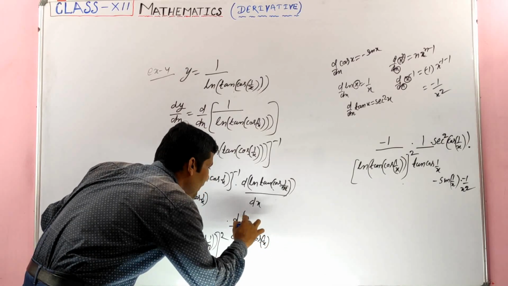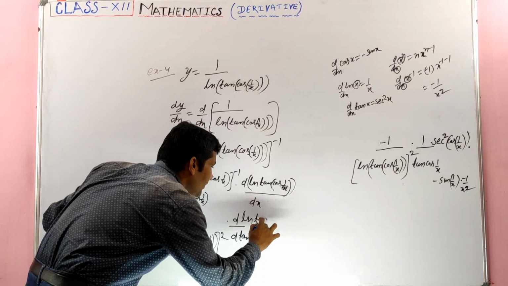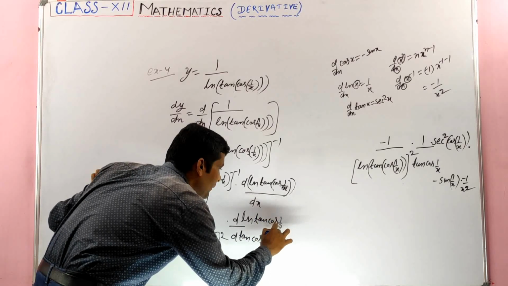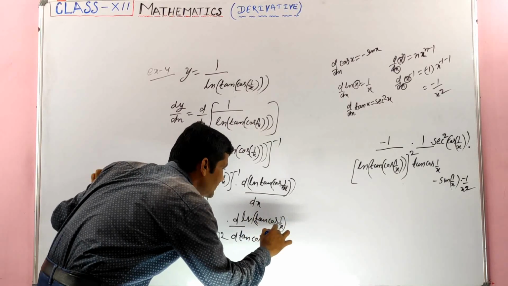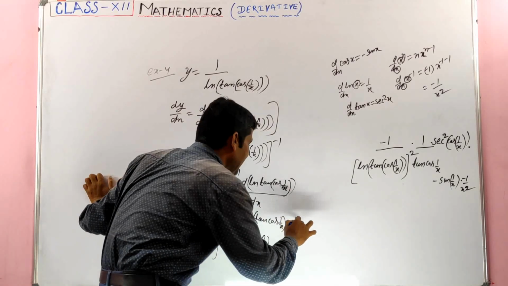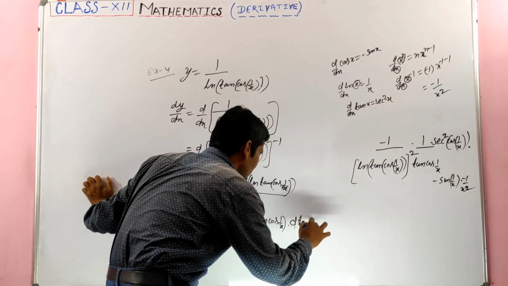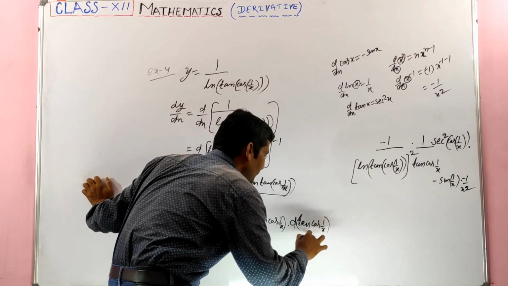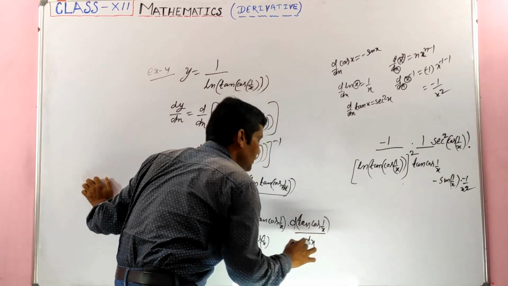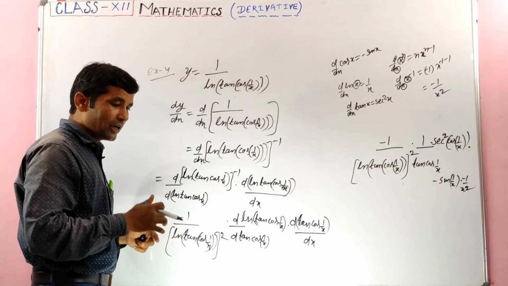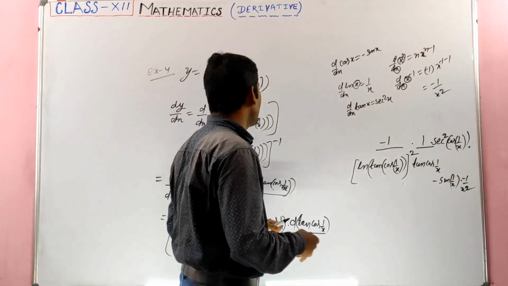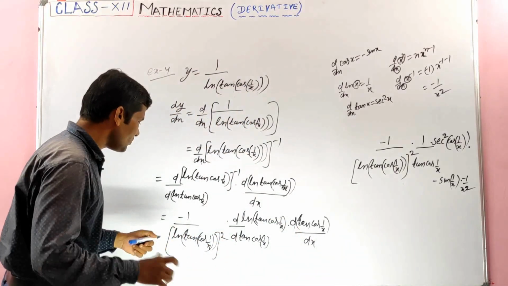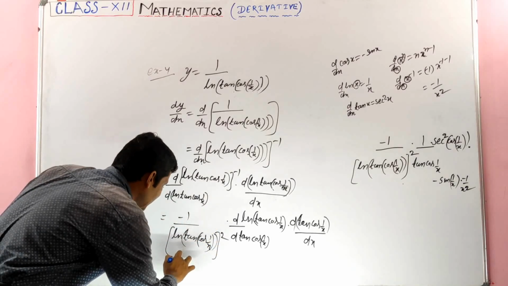If ln tan cos 1 by x is as it is, into d tan cos 1 by x by dx. You can write more steps if you are facing confusion. Now this answer remains as it is.